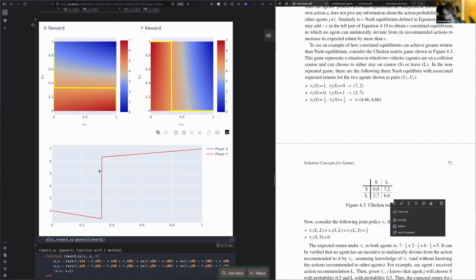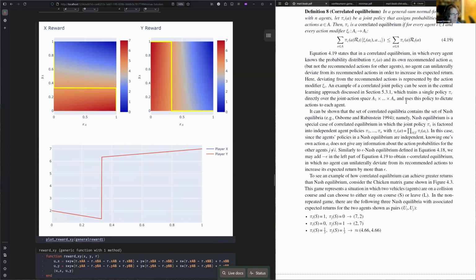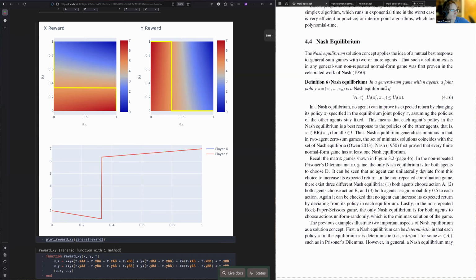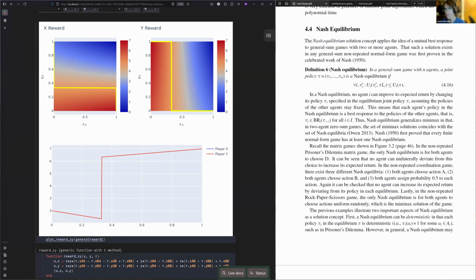Now, this plot is not an example as simple as before, where we can just find the maximization point here. Because remember, the Nash equilibrium is not just a point of maximum reward. It has to be a point where both players jointly can't improve their policy. But one way to see where the Nash equilibrium is, is the point where you make the other player indifferent to their action.